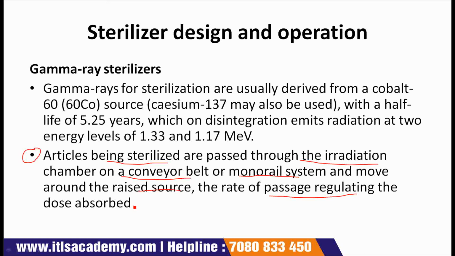Here radiation monitors are continually employed to detect any radiation leakage during operation or source storage and to confirm a return to satisfactory background levels within the sterilization chamber following operation.